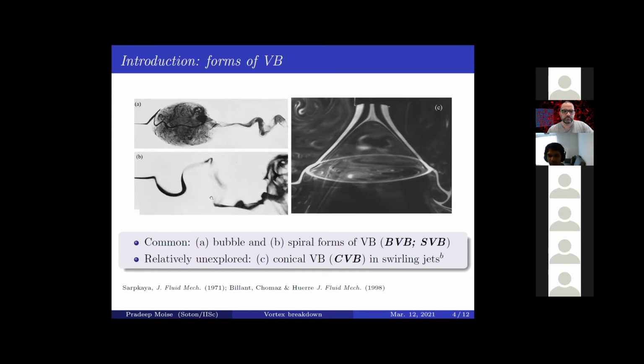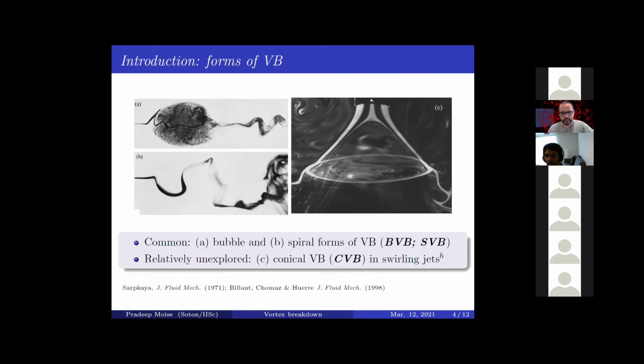Another form of vortex breakdown, which is relatively unexplored, is the conical form of vortex breakdown that I show on the right. It was first reported and identified by Billant, Chomaz, and Huerre in their very crucial paper in the Journal of Fluid Mechanics.